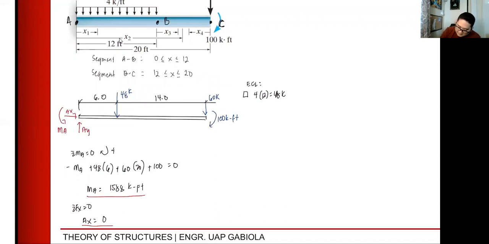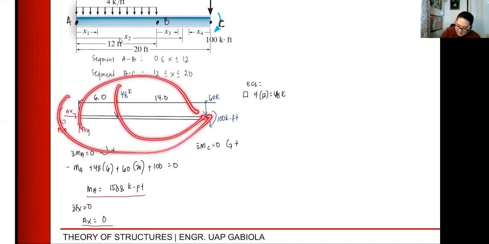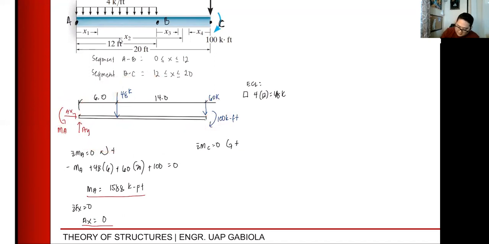Okay? Next, summation of moment papunta naman tayo kay C is equals to 0. Taking counterclockwise as positive. So, alin magro-rotate lang natin? Si 48, si AY, si MA, tsaka si 100 yung magro-rotate natin. So, we have here summation of moment.